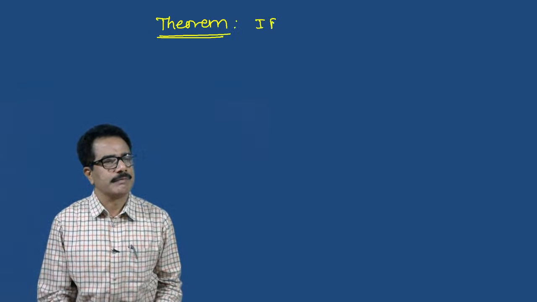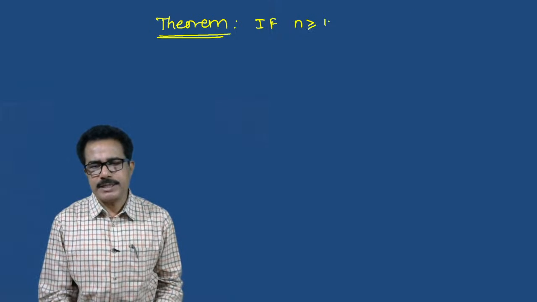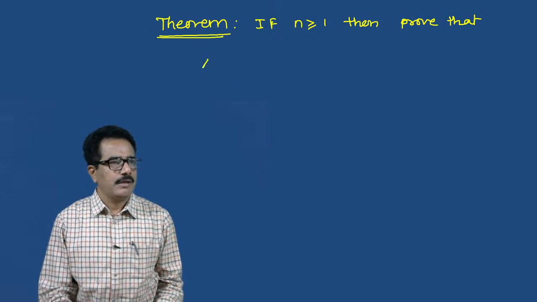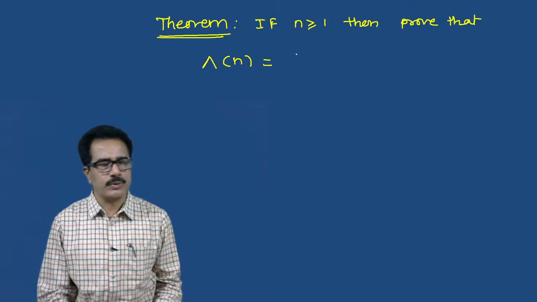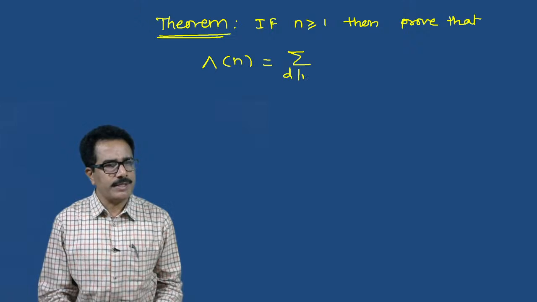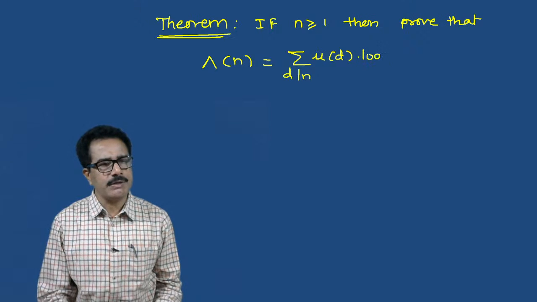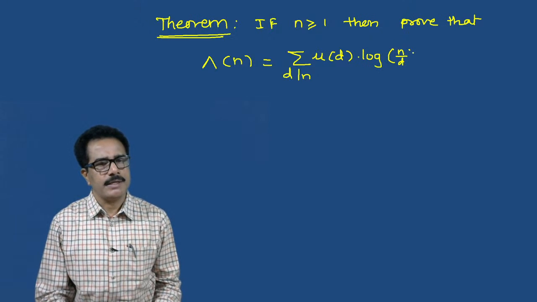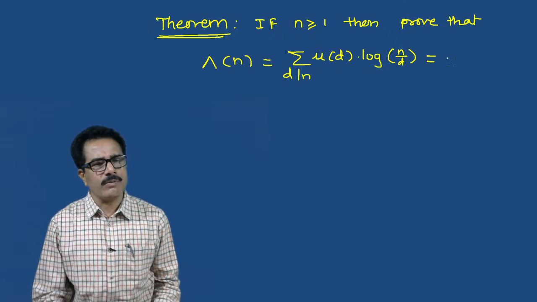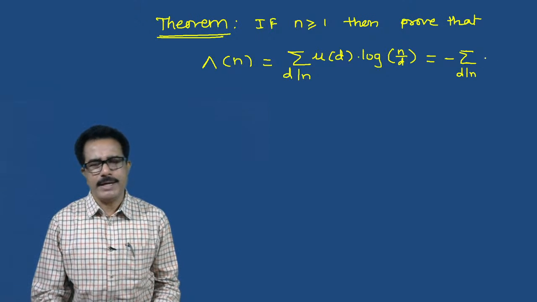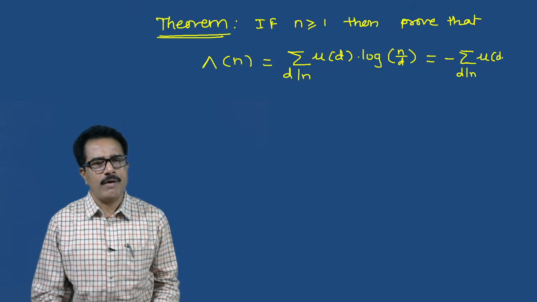If n is greater than or equal to 1, then prove that lambda of n is equal to summation d divides n mu of d into log of n divided by d, which is equal to minus summation d divides n mu of d log of d.